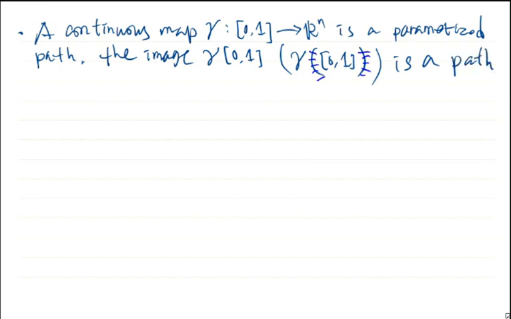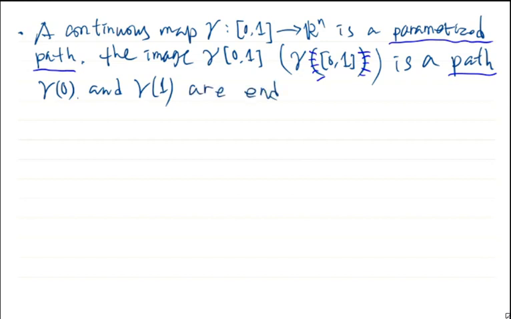So I remind you that a parametrized path is a map, while a path is the image of this map. And gamma(0) and gamma(1) are called the initial and end points of the path.